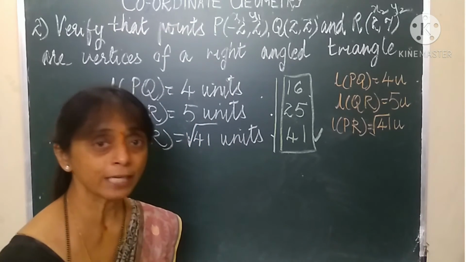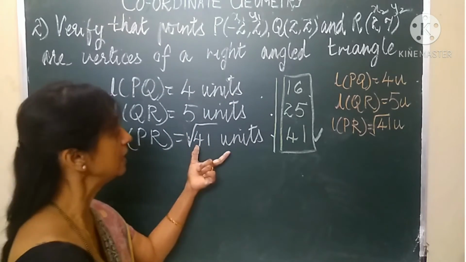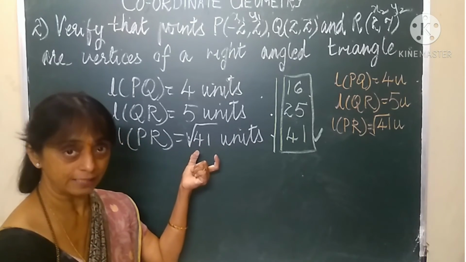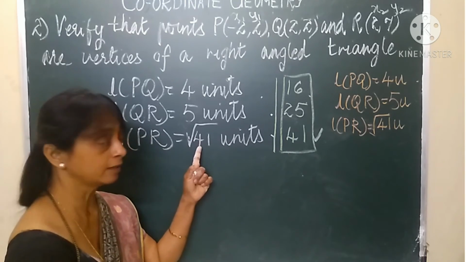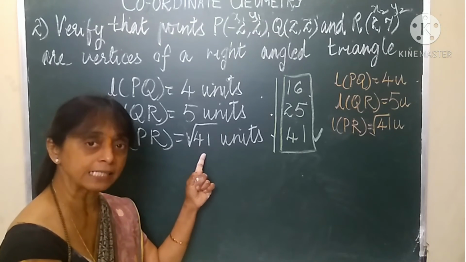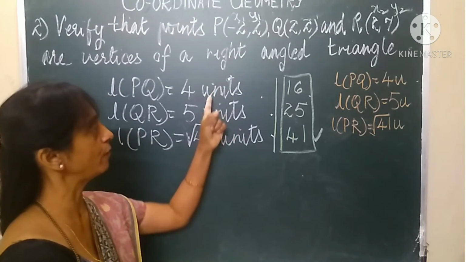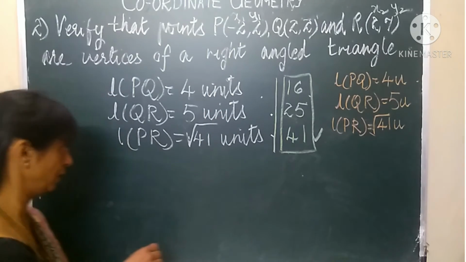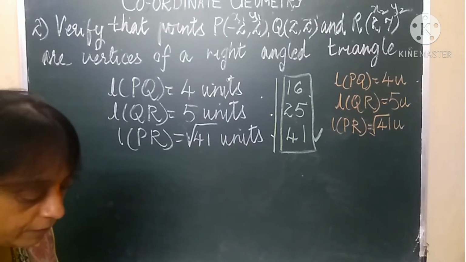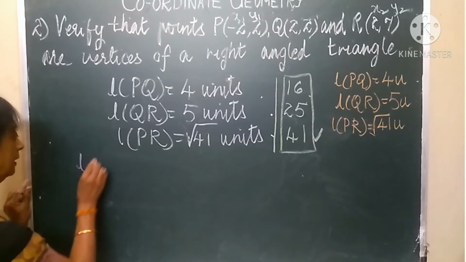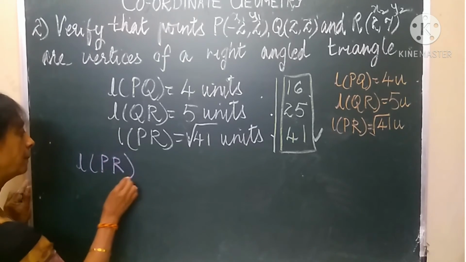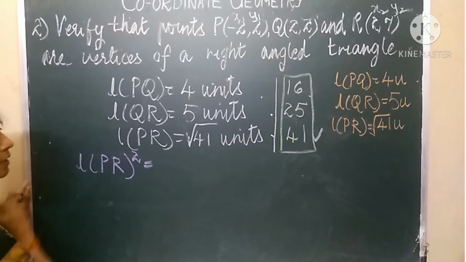So how do we apply converse of Pythagoras theorem over here? Definitely the greater number. Now it is easy for comparison. The greatest number or answer square should be equal to the sum of the squares of the remaining two. So let's begin. Over here we will have length PR, the whole square.